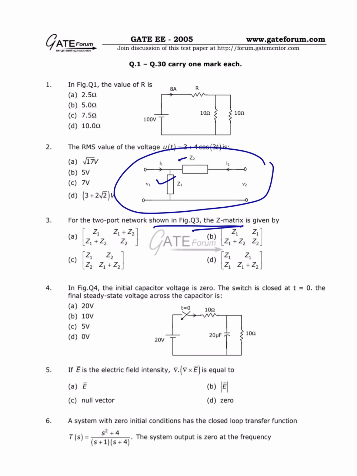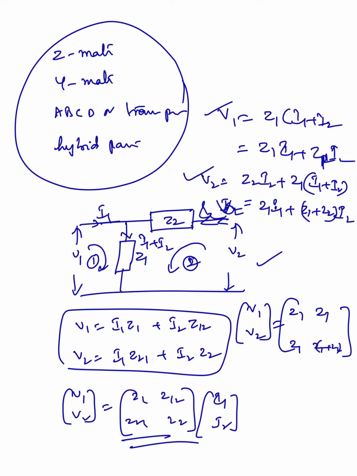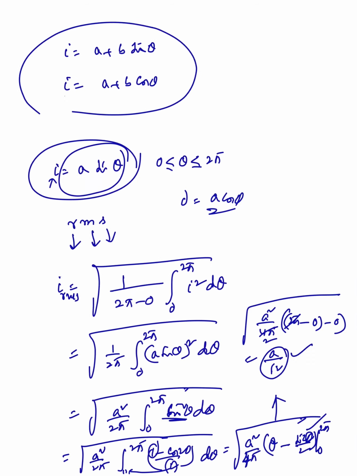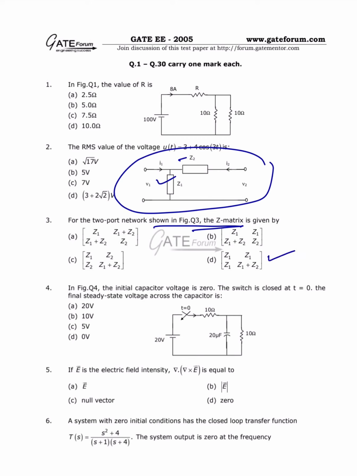Which one is correct? Yes, Z1 plus Z2. Option D is the answer for the given two-port network.